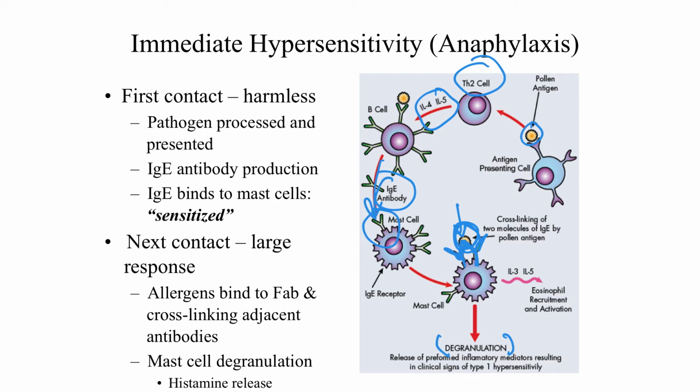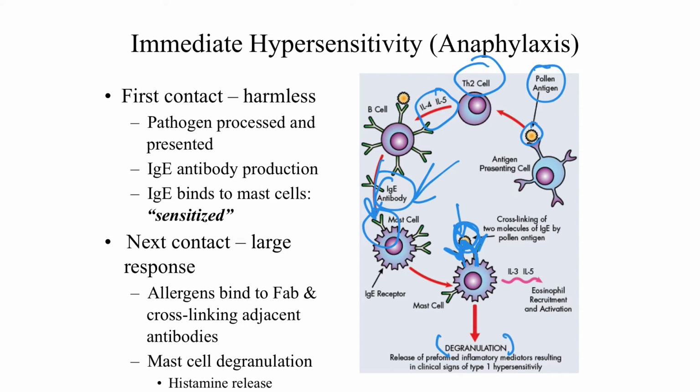So the first time that there is an exposure to this pathogen, this pollen, all of this stuff leading up to the creation of this IgE antibody, you wouldn't even notice it. It's under the surface. Your body is doing this without your knowledge. And now the mast cells are primed with these IgE antibodies, these immunoglobulins that are ready and able to bind that specific pathogen and have a dramatic response referred to as an allergy.